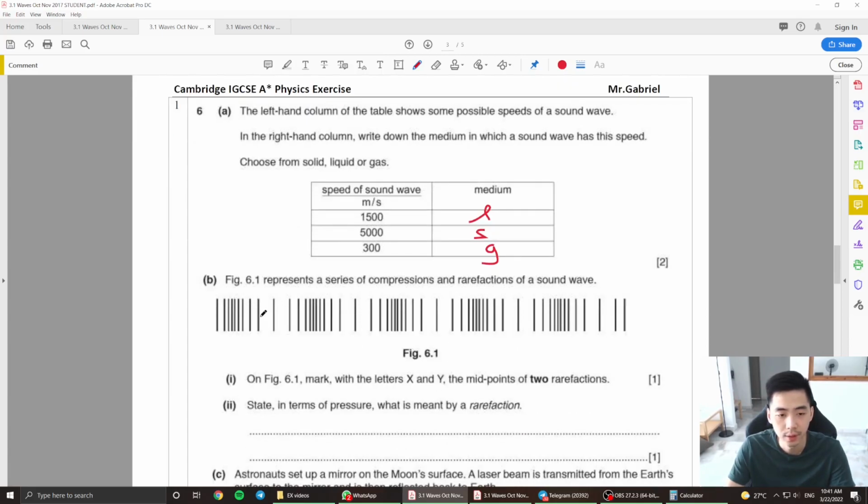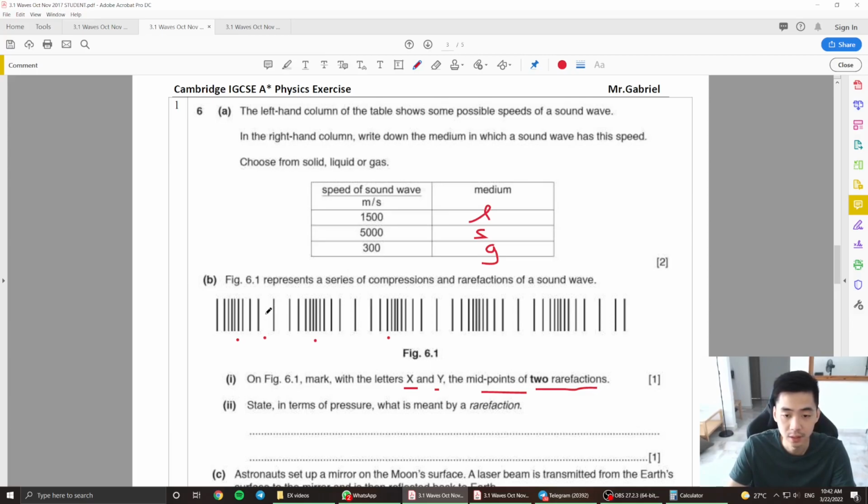Quite straightforward. Figure 6.1 represents a series of compressions and rarefactions of the sound: compression, rarefaction, compression, rarefaction, and so on. In Figure 6.1, mark with the letters X and Y the midpoints of two rarefactions. Rarefaction is when the molecules are further apart.